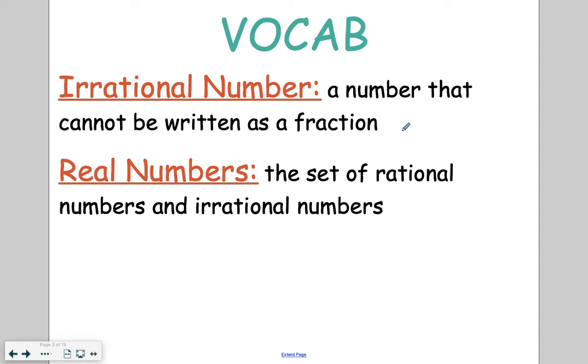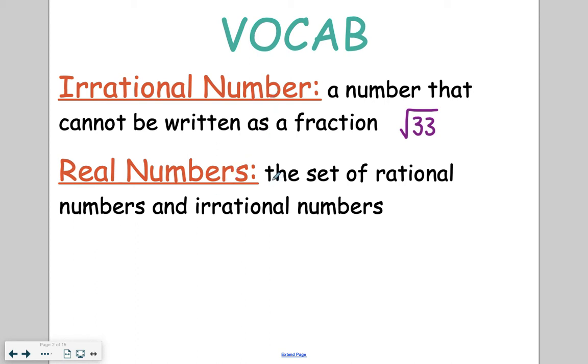So in that last lesson, when we were talking about the square root of 33, and we were doing the estimate to find out what it was between, the actual answer for square root of 33 is a decimal that's going to go on forever. So it's an irrational number because that decimal isn't repeating or terminating, so it can't be turned into a fraction.